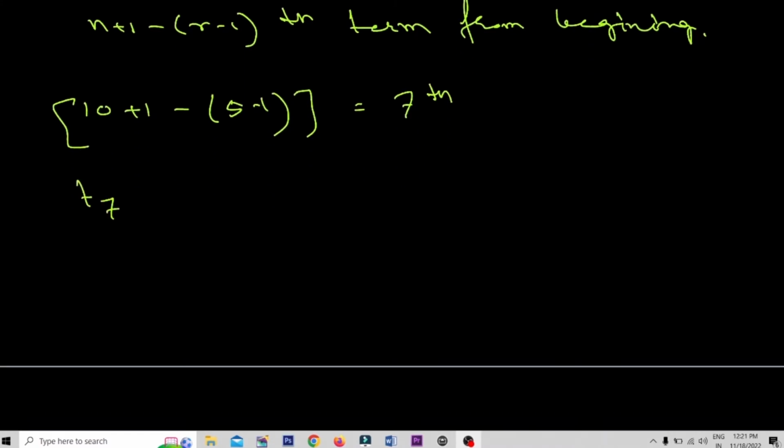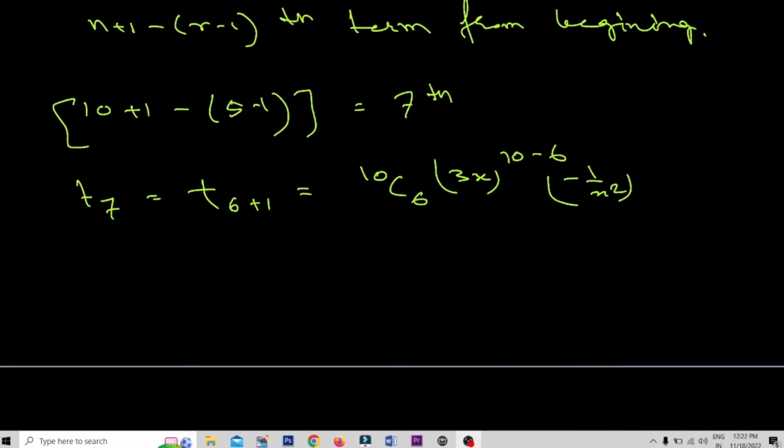So we can get T7 equal to T6 plus 1. So 10C6 first term whole to the power 10 minus 6 and second term whole to the power 6. It means (minus 1 by x square) whole to the power 6.